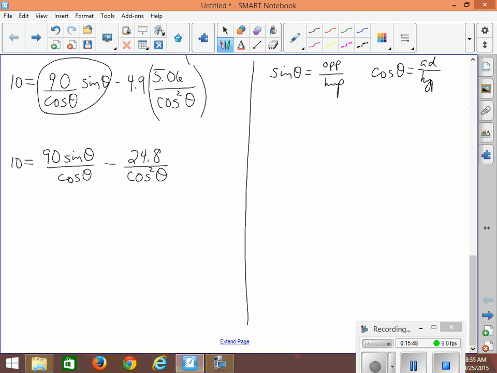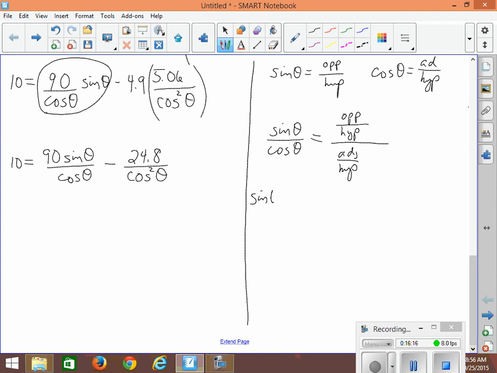So we know this. So that means that if we have sine theta divided by cos theta, that would equal opposite over hypotenuse, which is the sine theta, divided by adjacent over hypotenuse. Right? And the rule for dividing by fractions is to multiply by the reciprocal.